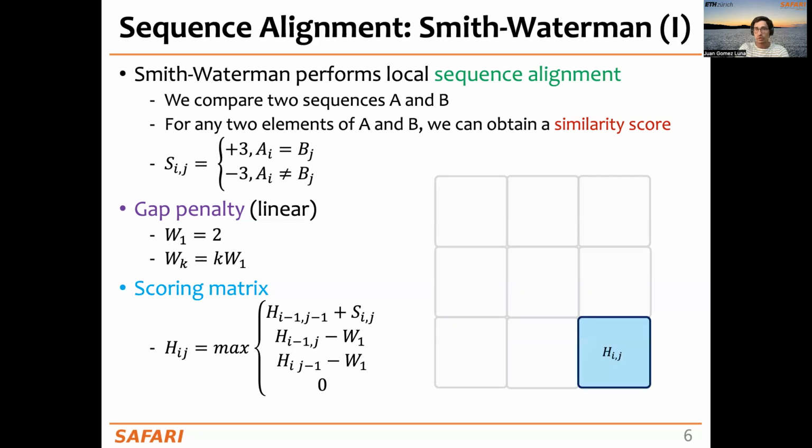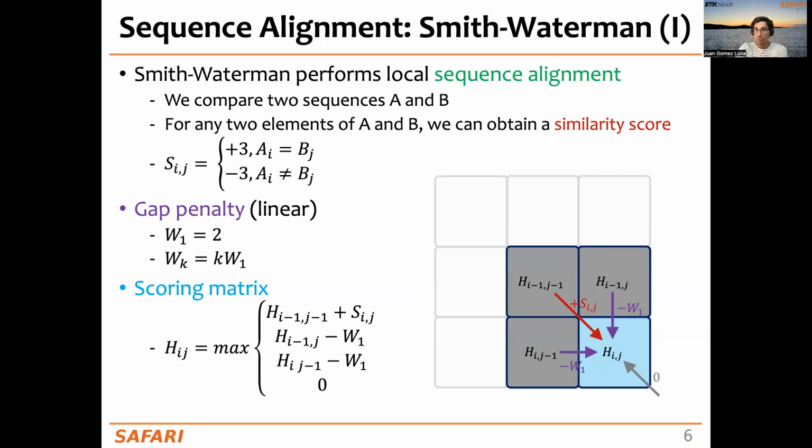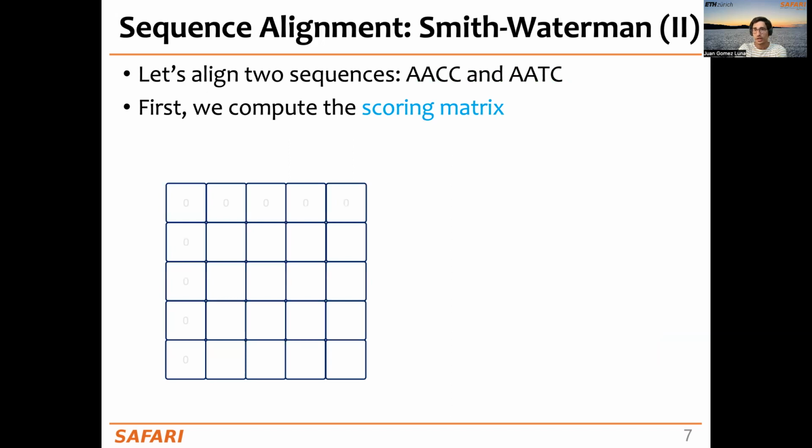For example, if we want to calculate Hij of the scoring matrix, we will have to use this element here and add the similarity score, and then we will also have to use this element here and subtract the gap penalty, and use this previous value here and again subtract the gap penalty. After that, we will compare these three with 0 and we will take the maximum that will be the value of Hij.